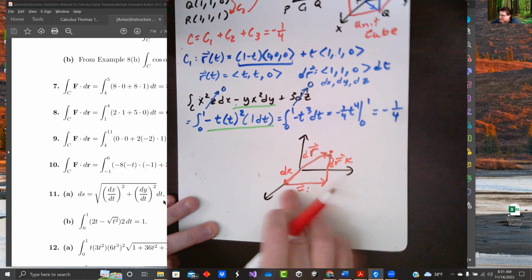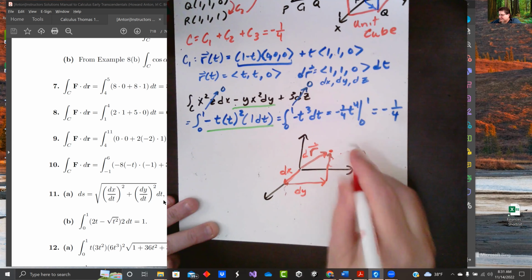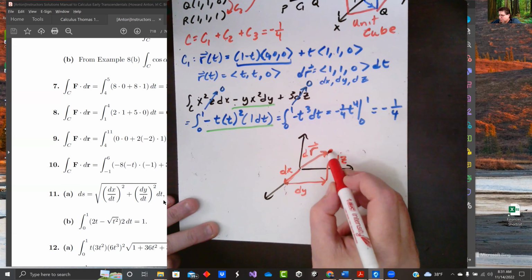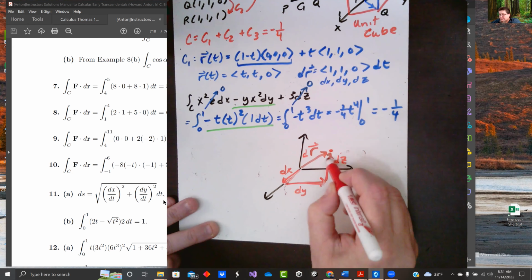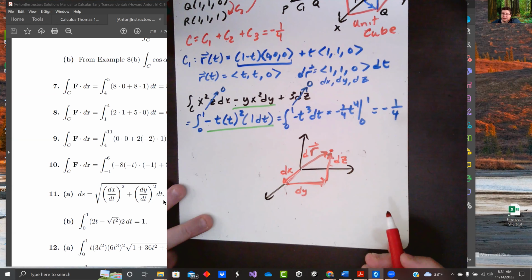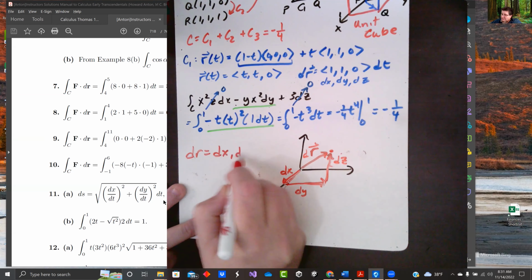I'm still going to have a section that goes dy. And I'm still going to have a section that goes dz to get to it. Because they are the R vectors to any point, and these are small steps in the X, Y, and Z direction. And so we use D for those. So dr is dx, dy, dz.